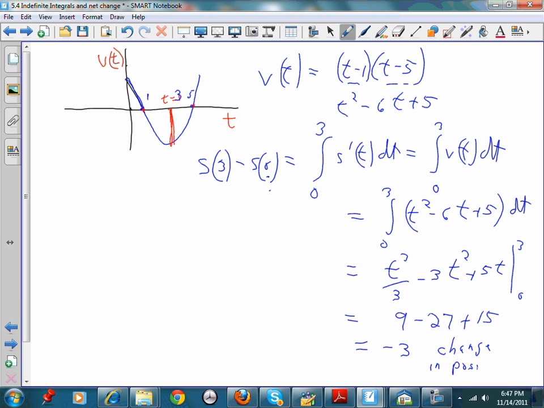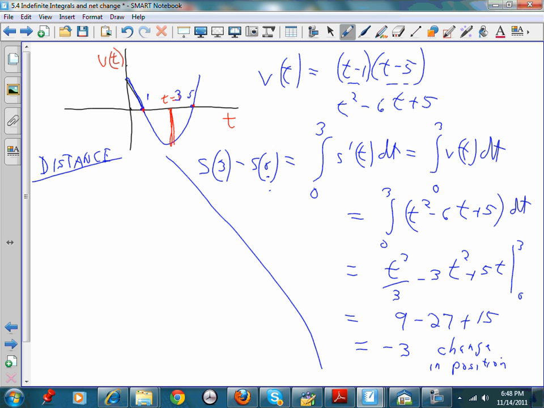Now, it's not the distance traveled, right? Not the distance it traveled at all. Remember how we used to calculate distance traveled? If we did distance, what we used to do is we would calculate the change in position between the times it turned around.